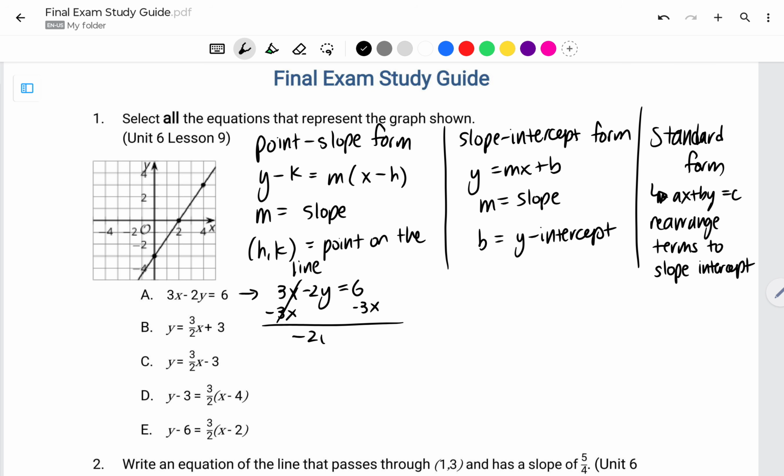Cancels out. Minus 2y equals, and I'm going to put the x at the front, right? Because I want to make it look like this. So I'm going to put negative 3x and then plus 6. And then I need to get rid of negative 2 here, so I'm going to divide both sides by negative 2.